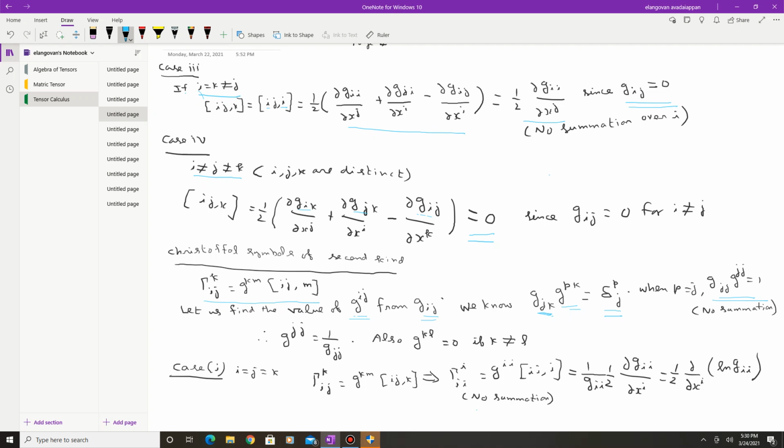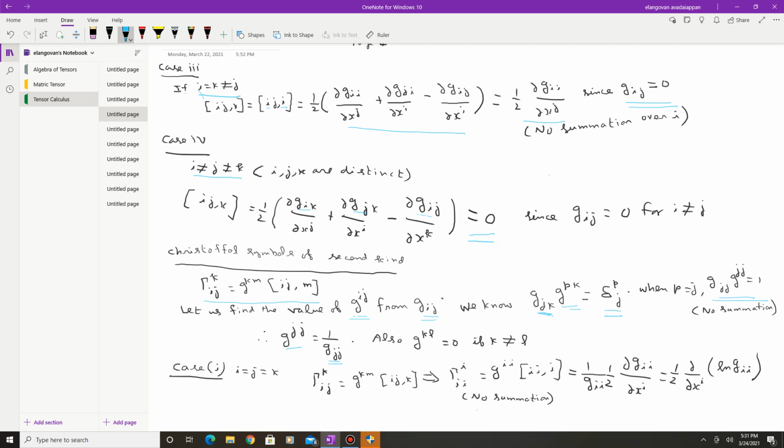Again there is no summation over j. So if you want to find the jth element of the contravariant metric tensor, that is equal to 1 by g_jj, where g_jj is the jth element of the covariant metric tensor.